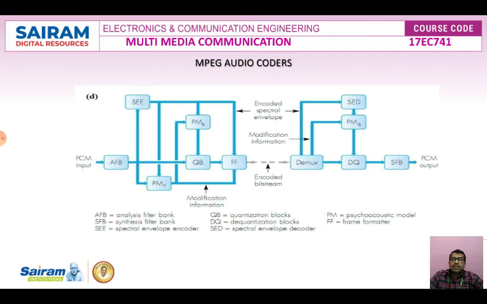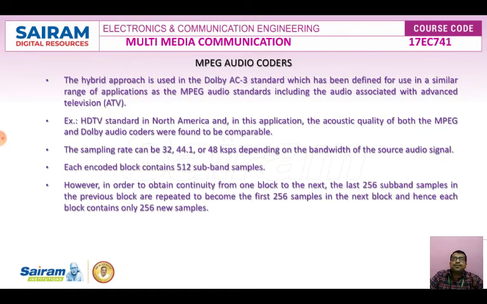So in this hybrid model, the backward adaptive bit allocation is used as in AC2 using PMB. An additional psychoacoustic model PMF is used to compute the difference between its bit allocation and the bit allocation computed by the PMB. The above information is then used by the PMB to improve the quantization accuracy. The modification information is also sent in the encoded frame and used by the PMB.